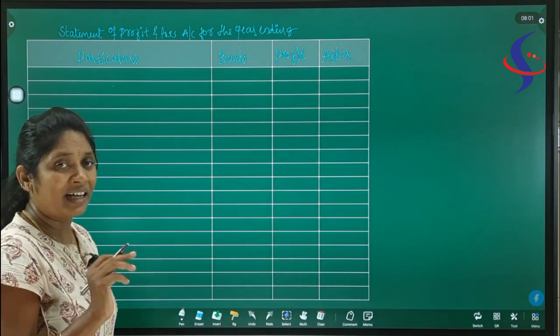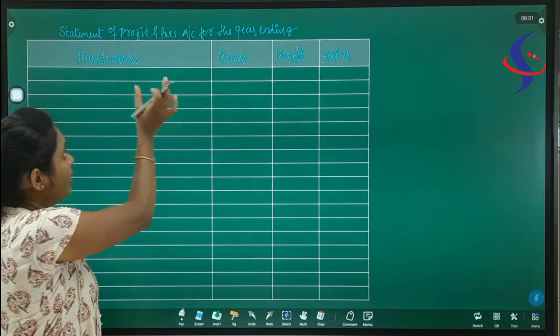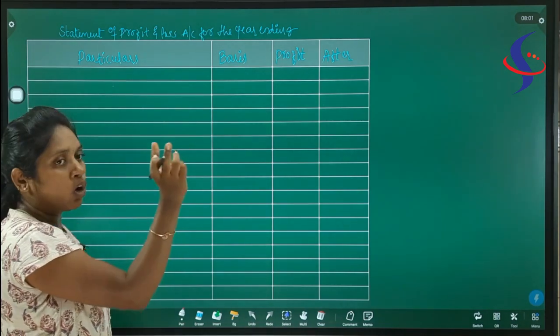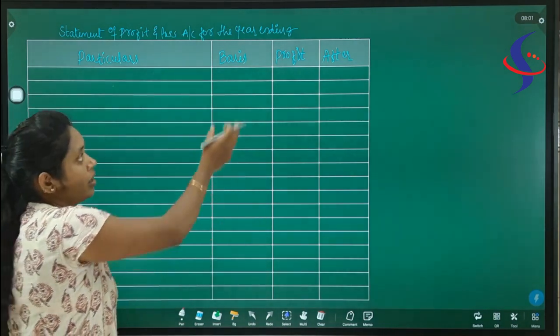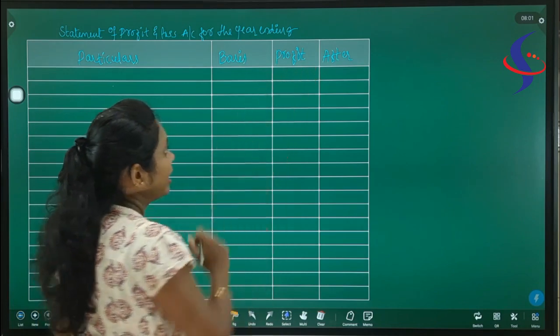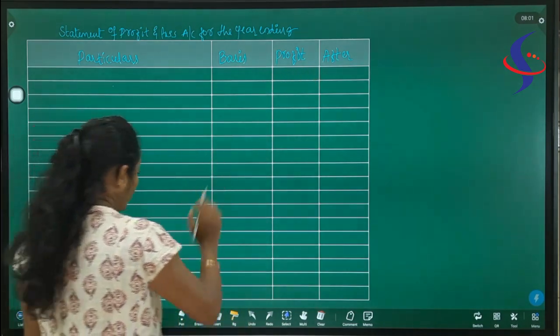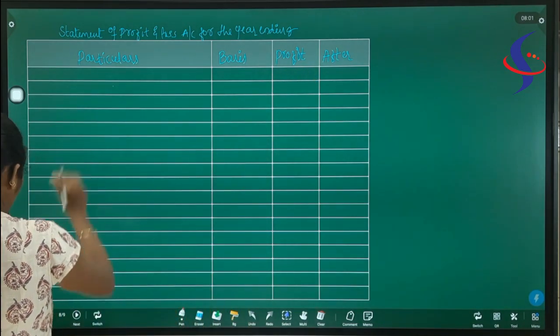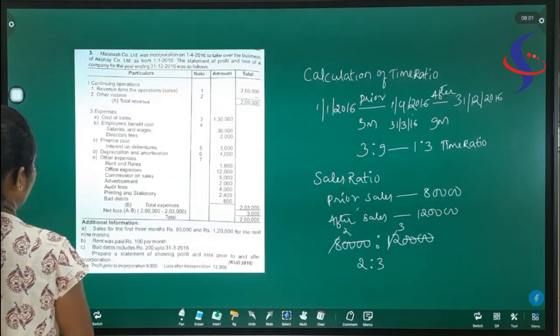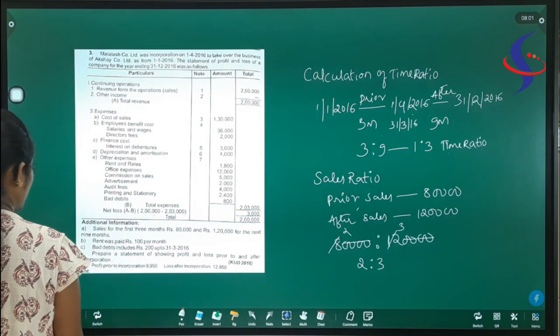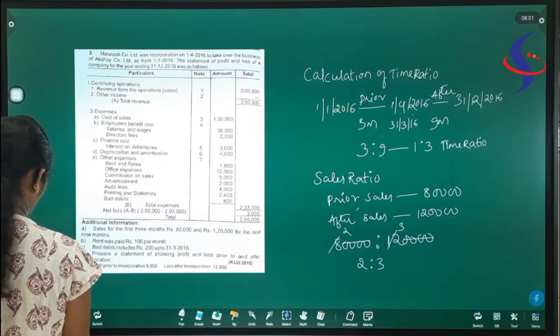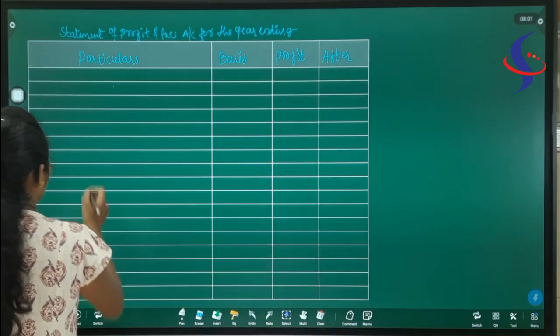In order to write a statement, how should you prepare it? Particulars as it is. In the note column, we should write base, prior, and then after. First one is continuing operations, then revenue from operations.